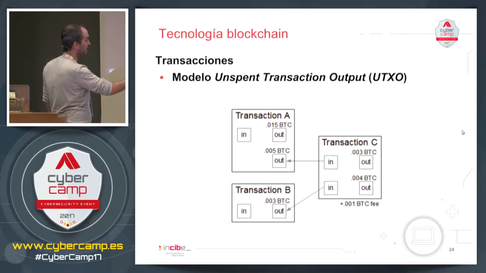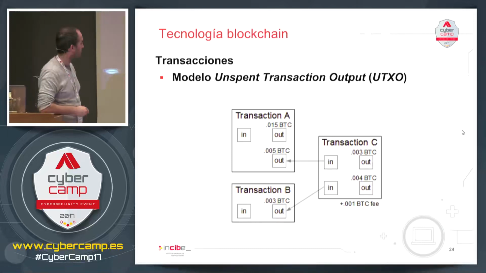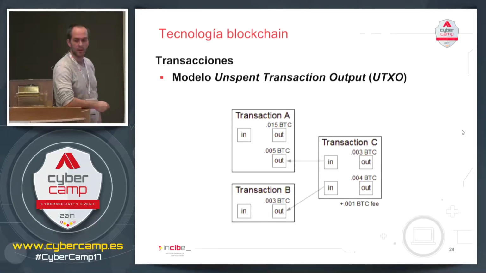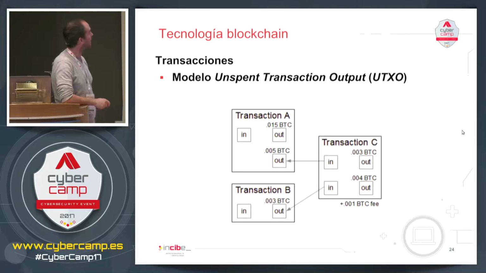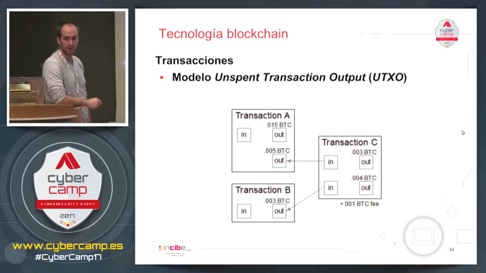And there you see transaction C. This entry in transaction C at one moment was the out of transaction A. And the second in was the only out of transaction B. Let's imagine that I'm the owner of the private keys of these two outs.